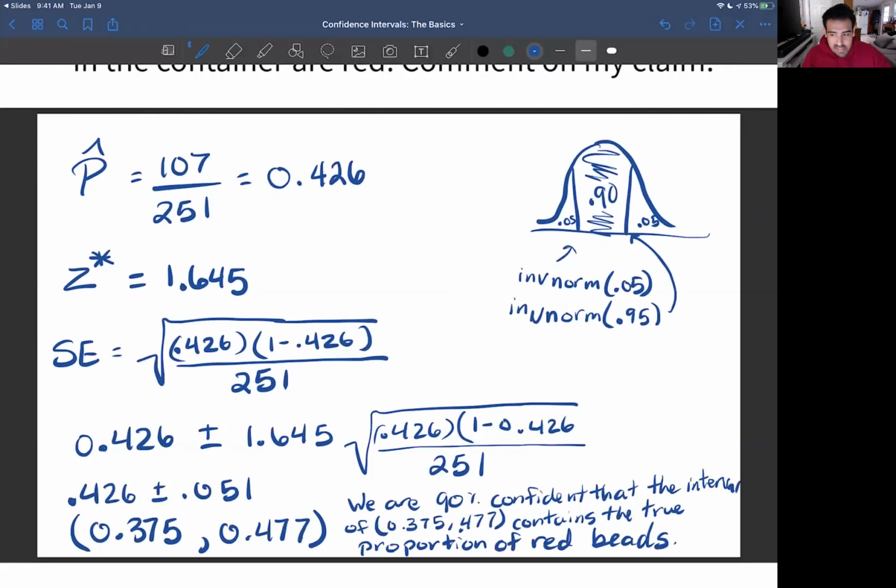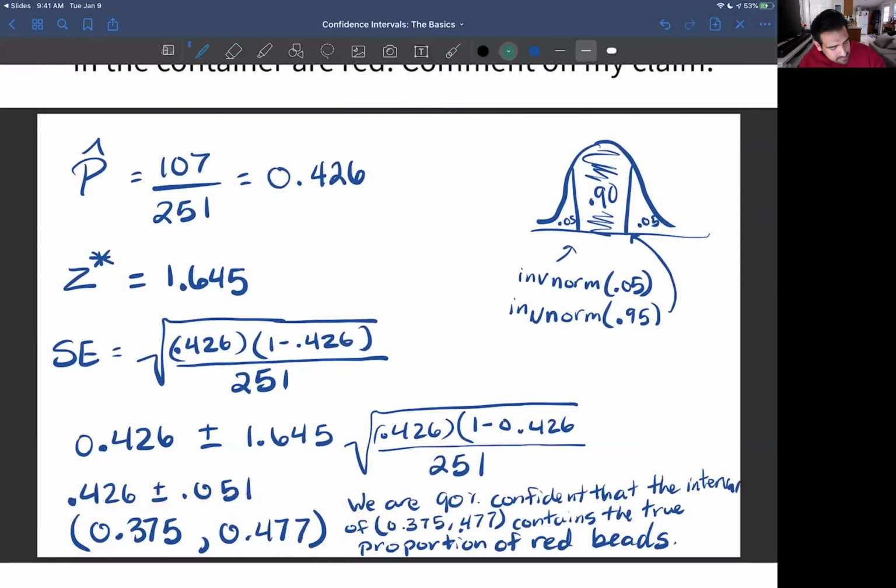Now part B was saying, Mr. H claims that exactly half of the beads in the container are red. Let's use this confidence interval. Half the beads, 50%. Does 50% lie in our interval? It does not.